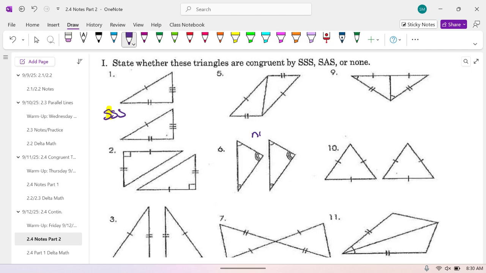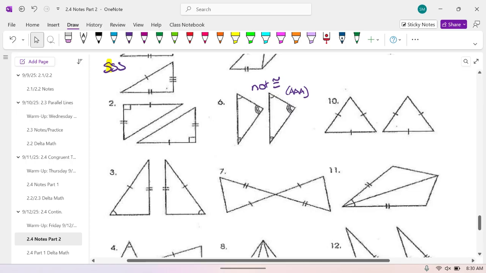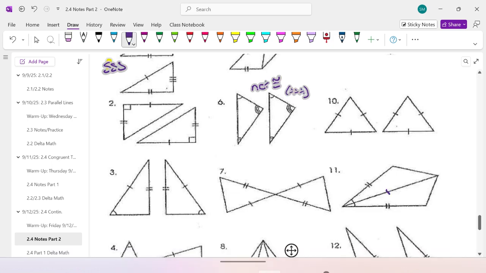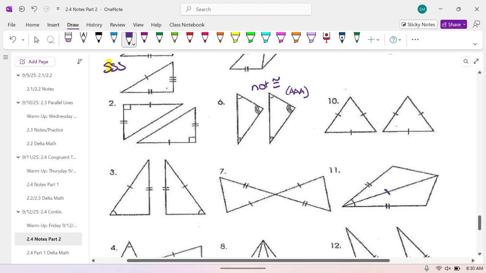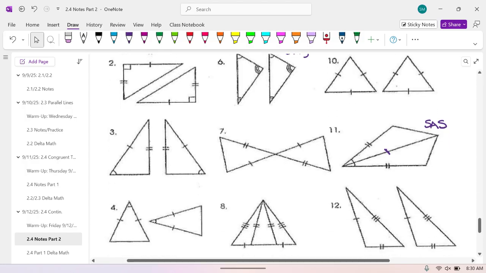It's angle, angle, angle, so not congruent. What about 11? Congruent or no? Yes. Why? They share a side. So this is congruent, which makes it what postulate? Side, angle, side.